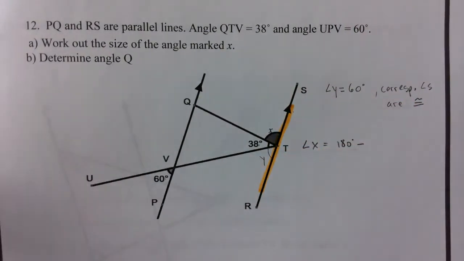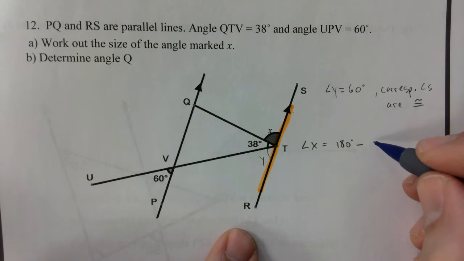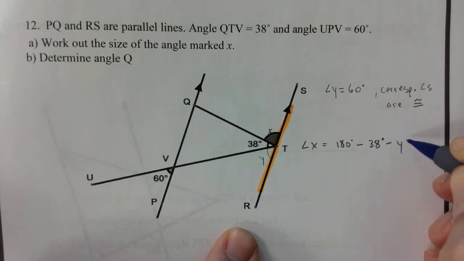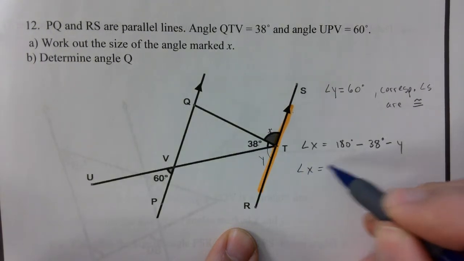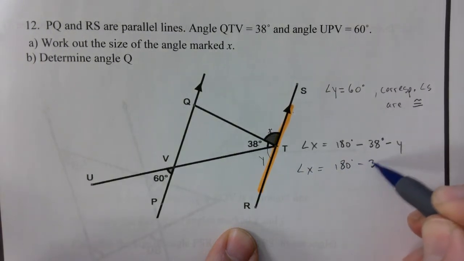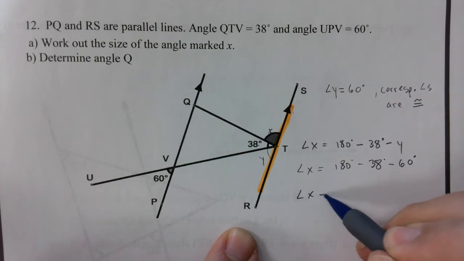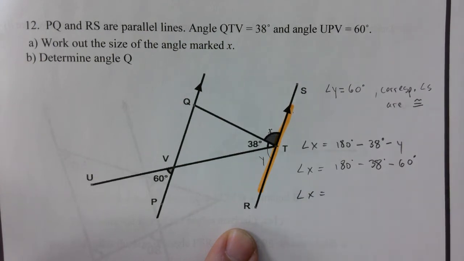So angle X is going to be 180 minus 38 minus 60, which is 82.